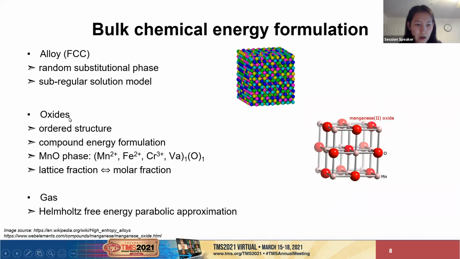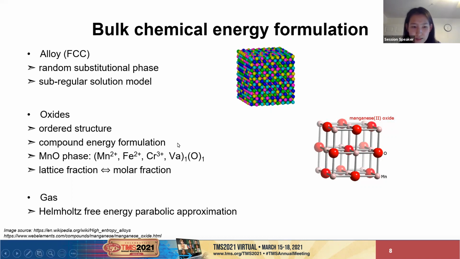However, for the oxide phases, they have a more ordered structure. For example, in the manganese oxide, the oxygen ions can only sit on its own sublattice sets, but the alloying ions can only sit on the manganese sublattice sets.